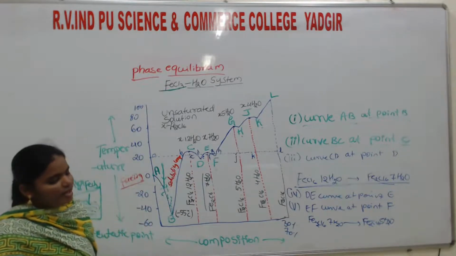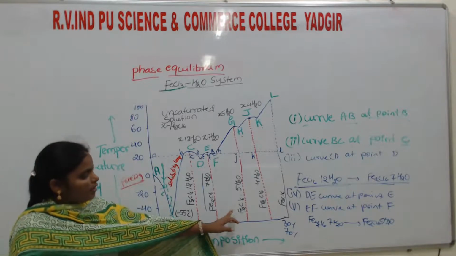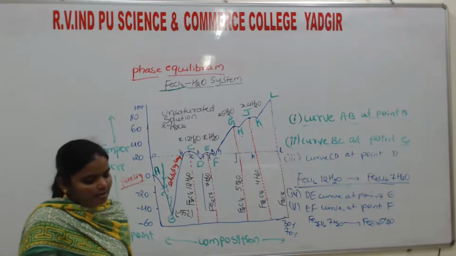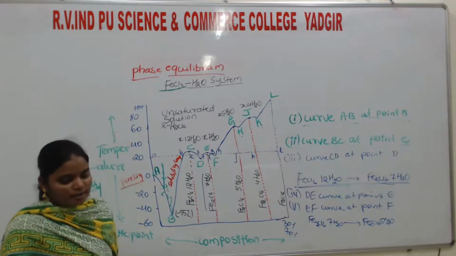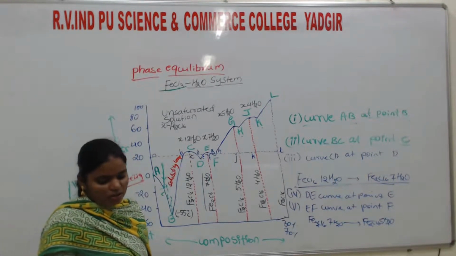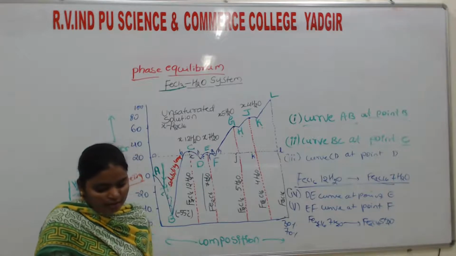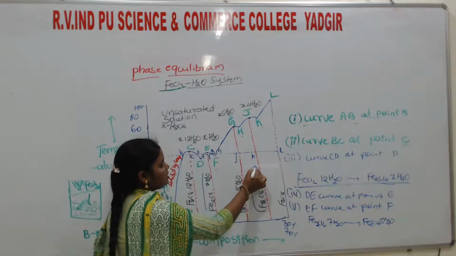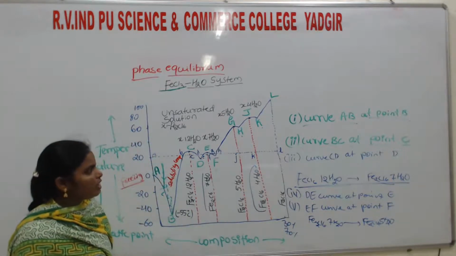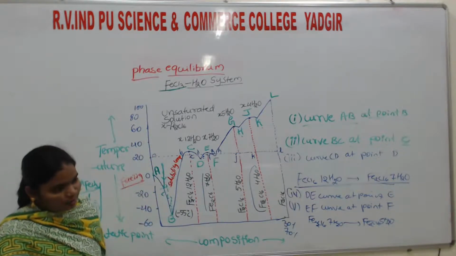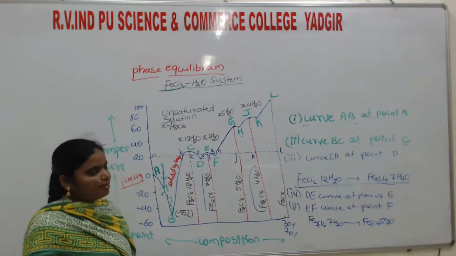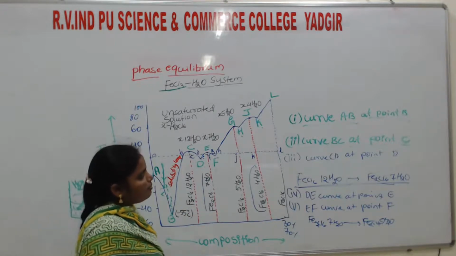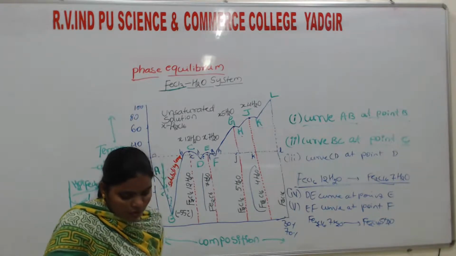Curve GH is the melting curve of Fe2Cl6·5H2O, and H is a transition point. Same explanation: at the transition point, the new solid formed is Fe2Cl6·4H2O. Here three phases exist in equilibrium, and the degree of freedom F equals 0.